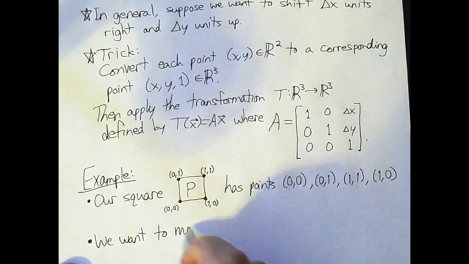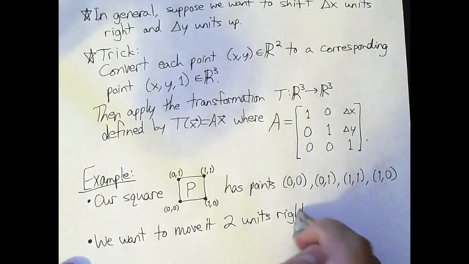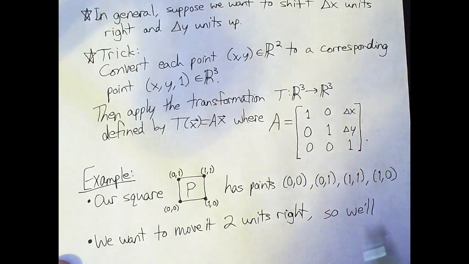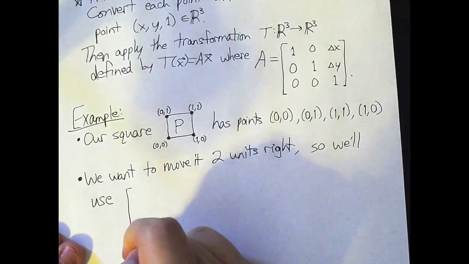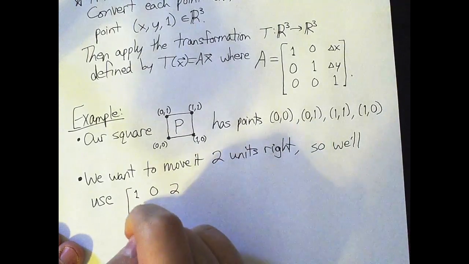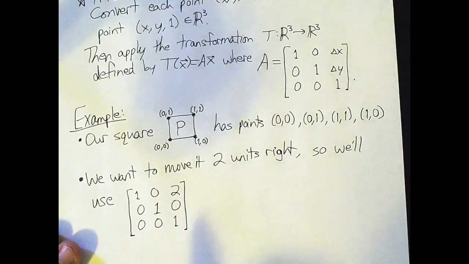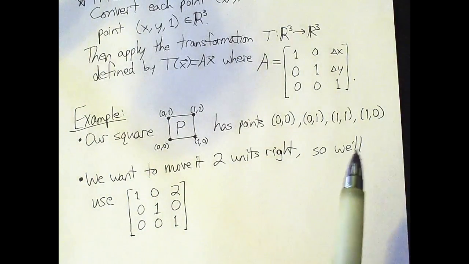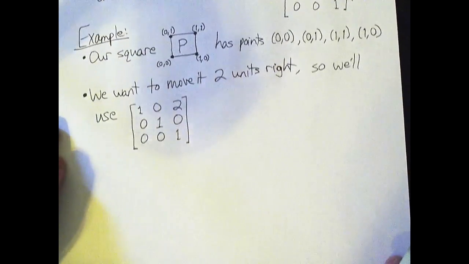We want to move it 2 units right. So we'll use the matrix 1, 0, 2, 0, 1, 0, 0, 0, 1. So my delta x is 2, my delta y is 0. Let's try this on some of these 4 points that are the corners of the box, okay? And let's see if it actually does what I say it does.